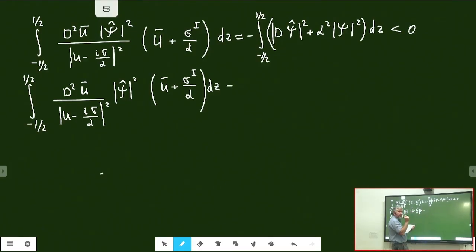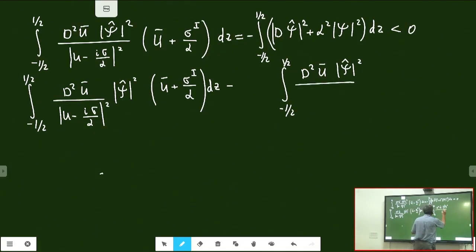And then I will add, so that's algebraic witchcraft, the integral from -1/2 to 1/2 of d squared u bar, this thing squared, divided by u minus i sigma over alpha, magnitude squared, dz.